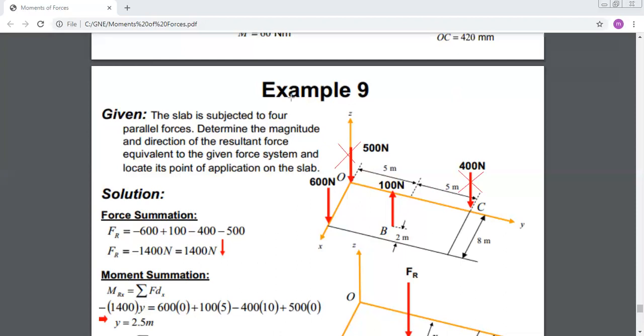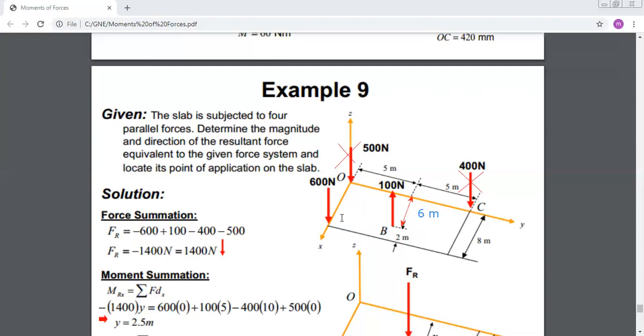Now, to find what are their moments, first you find distances. For the 100 Newton force, I should multiply by the perpendicular distance, which is equal to 8 minus 2. It's equal to 6 meters. So here I should multiply by 6.